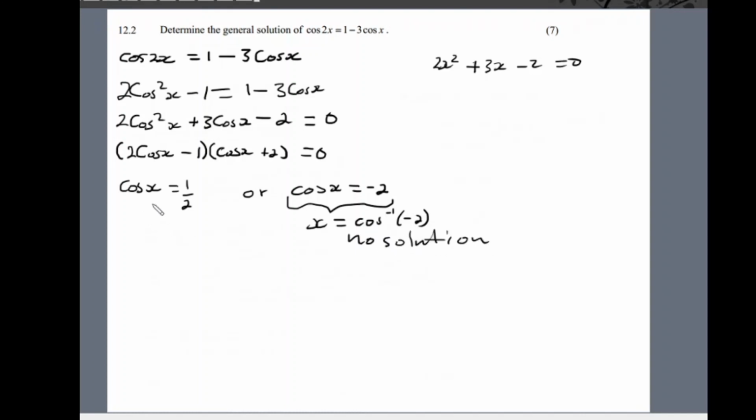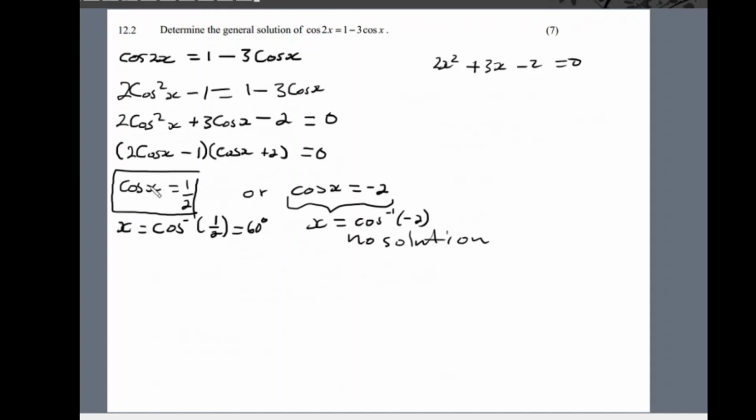And for this one, if you say x equals cos inverse of 1 over 2, you would get 60 degrees, right? And then that is our reference angle. So we are more interested in this one now, because this one doesn't have any solution, right?